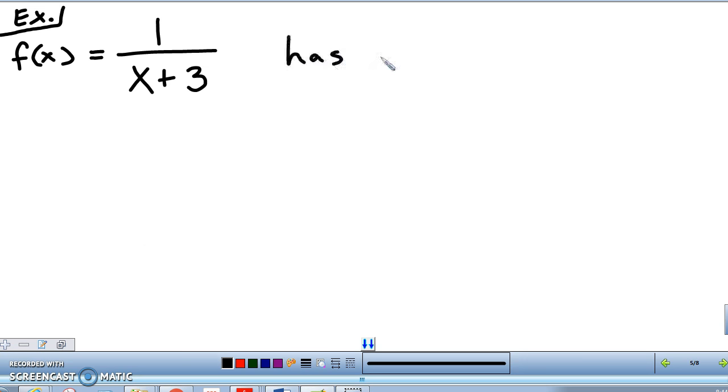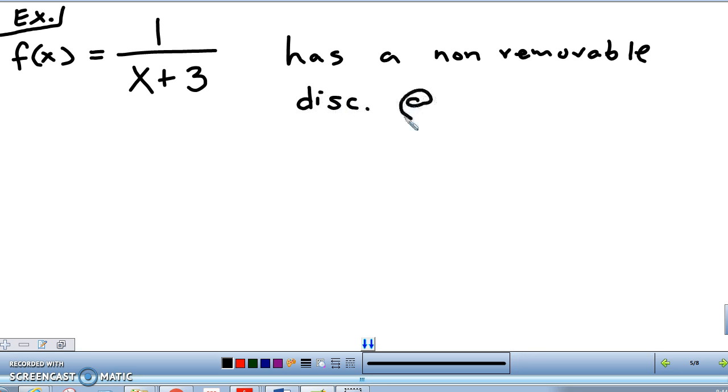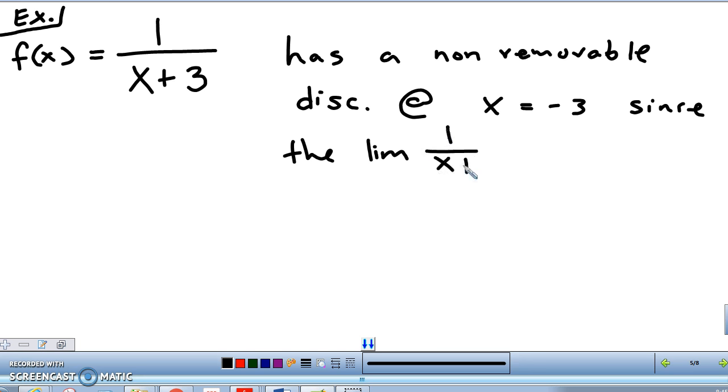So this has a non-removable discontinuity at x equals negative 3, since the limit of 1 over x plus 3 as x approaches negative 3 does not exist.